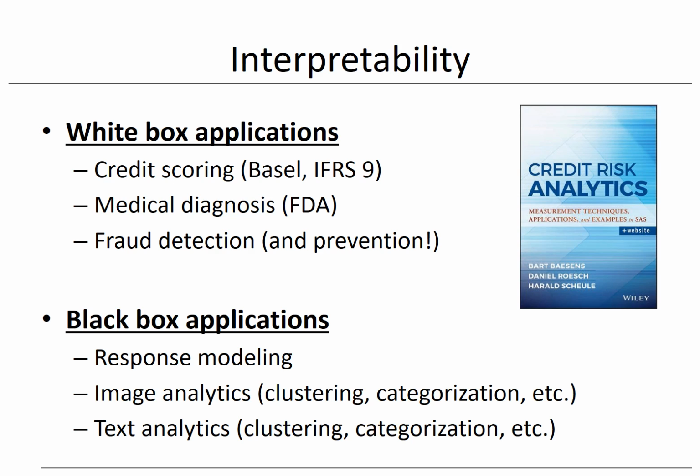Those credit risk models, given their strategic impact and given their widespread usage throughout the firm, should be white box models. And when I say white box models, I'm referring to the fact that they should be based upon simple underlying analytical techniques which are easy to explain to business users that need to use them to actually decide whether a customer will get a loan or will be rejected.